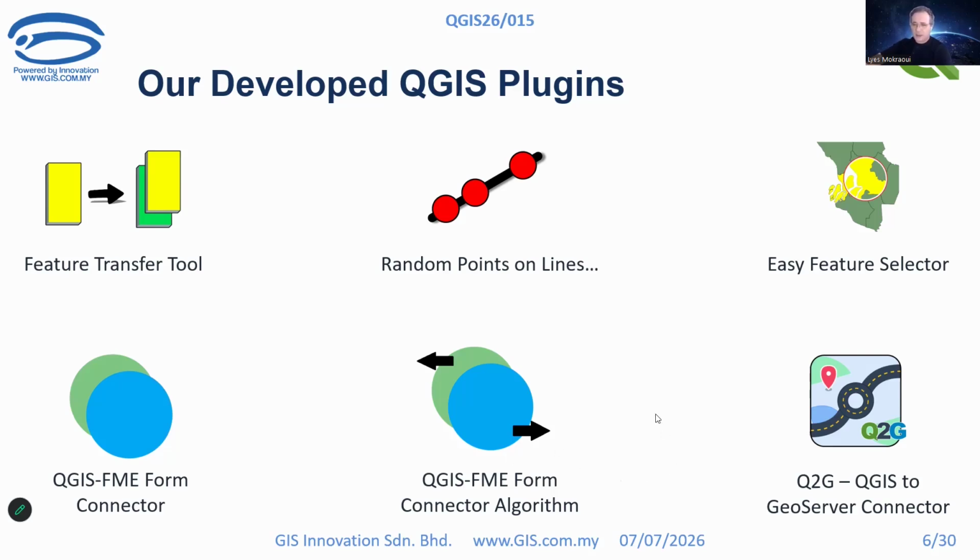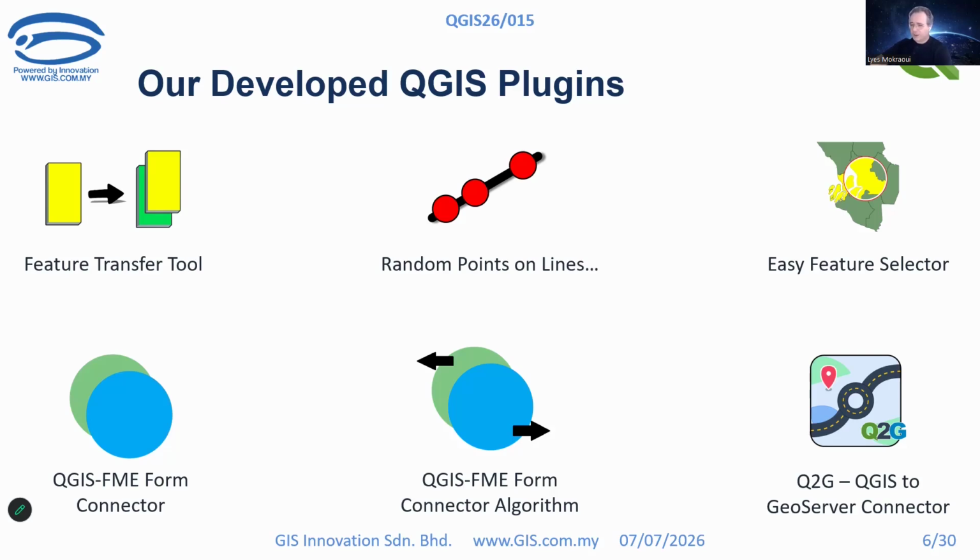And since we are doing a lot of work on FME, we have also developed the QGIS to FME Form connector. This is to be able to process the data in FME and get it back as a layer into QGIS. We have also developed another plugin called Q2G, which is QGIS to GeoServer, used to serve or stream maps over the internet.